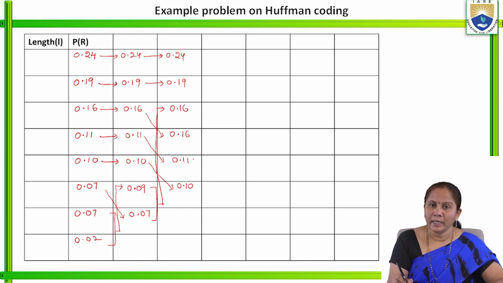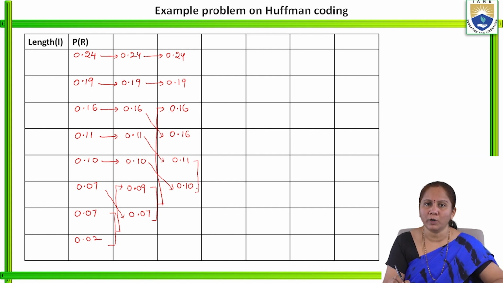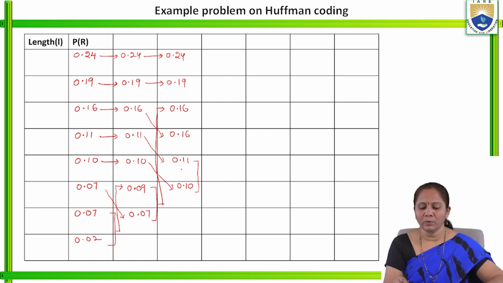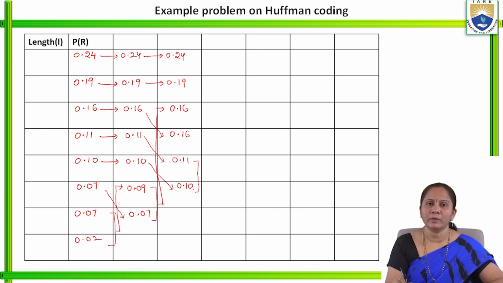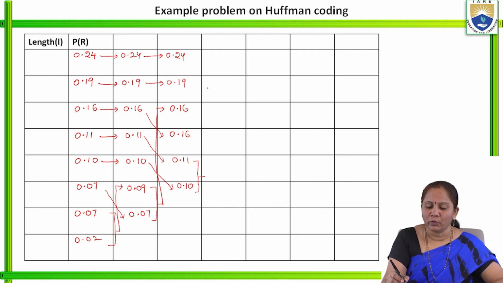Okay. Again perform the addition operation between the two bottom symbols. These are the two bottom symbols. So 0.11 plus 0.10, the value is 0.21. So where should it be placed? After 0.24.